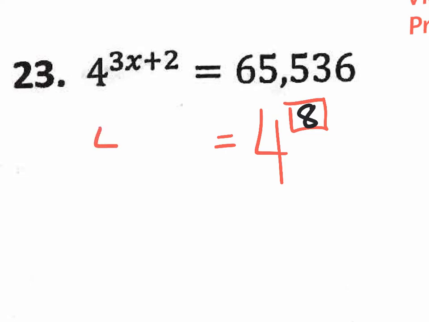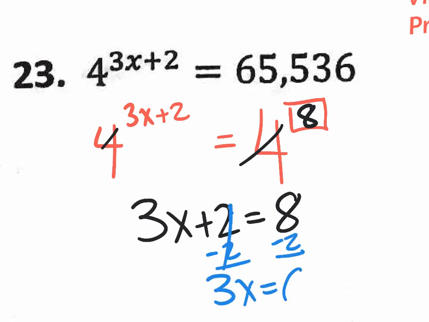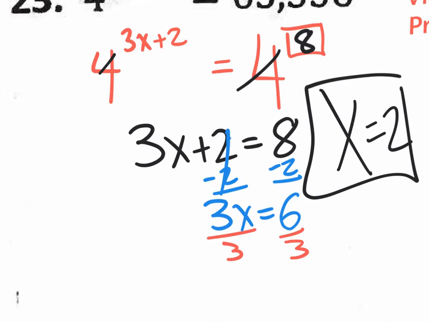Now, over here on this side, I have 4 to the 3x plus 2. But once you know that both sides have the same base 4, you could just scratch out the 4's and create a new equation with the exponents. 3x plus 2 equals 8. Then you just solve it. Minus 2, minus 2. You're going to end up with 3x equals 6, which means if you divide by 3 on both sides, your answer is x equals 2. Boom.